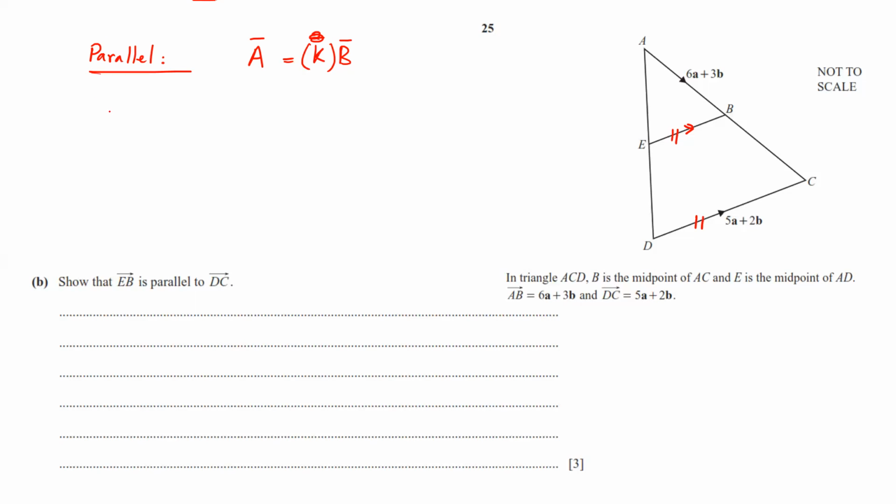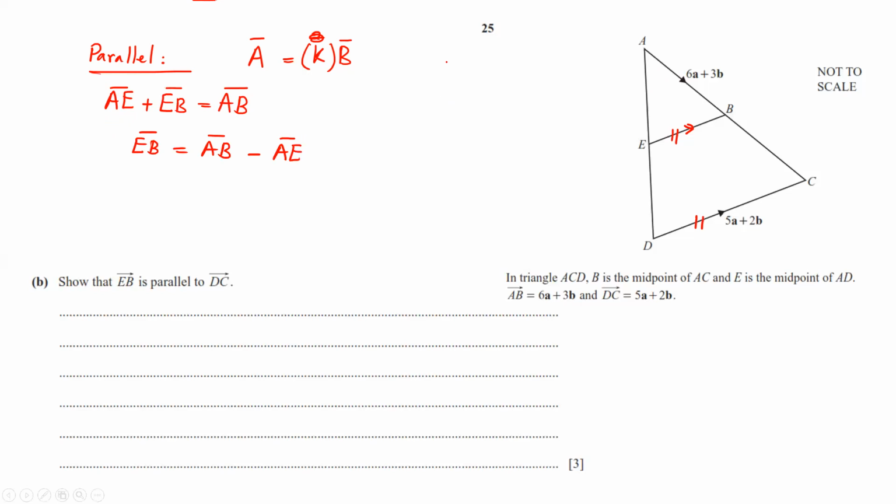For EB vector, AE vector plus EB vector is equal to AB vector. This is the triangle rule. So I have to find EB vector. EB vector is AB vector minus AE vector.